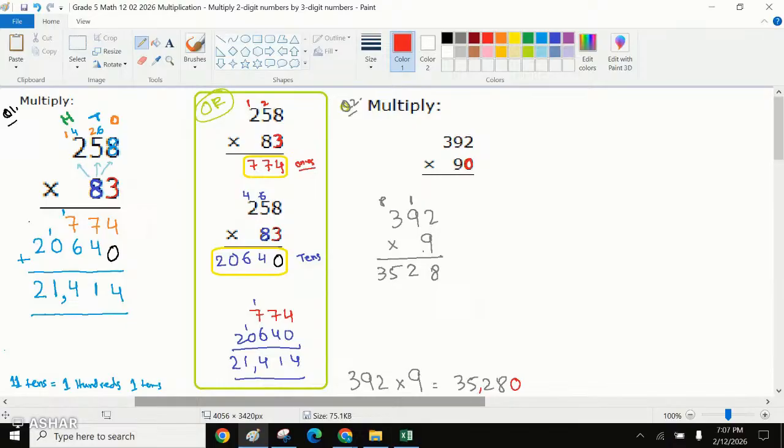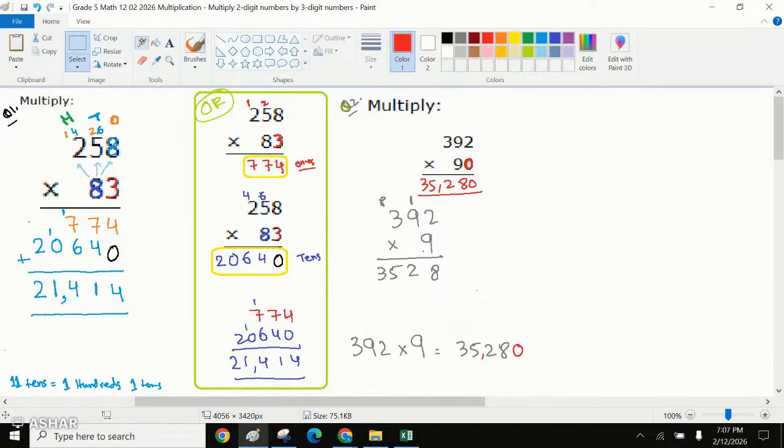392 into 90, 35,280. The answer should be 35,280. But it's very confusing over here. Some people might forget how this needs to be done.